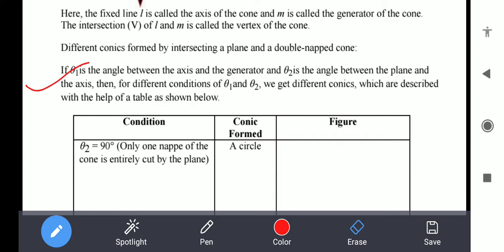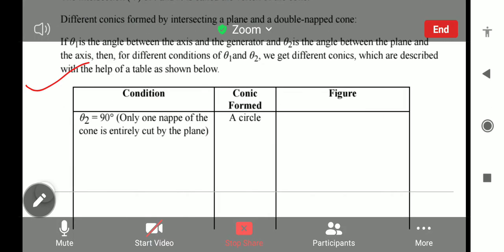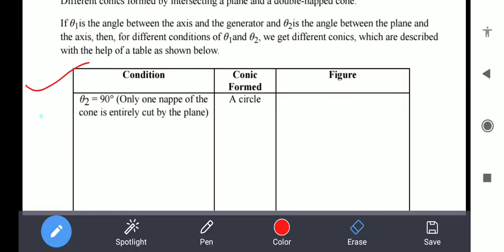Can you see the table? If theta 2, which is the angle between plane and the axis, is equal to 90 degree, only one nap of the cone is entirely cut by the plane. If only one nap is entirely cut by the plane and the angle between plane and axis is equal to 90 degree, in this case the conic formed, that is the shape formed, is a circle.